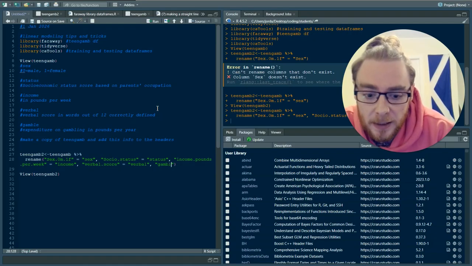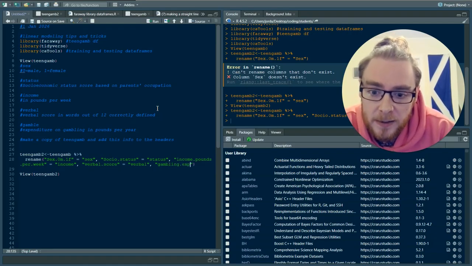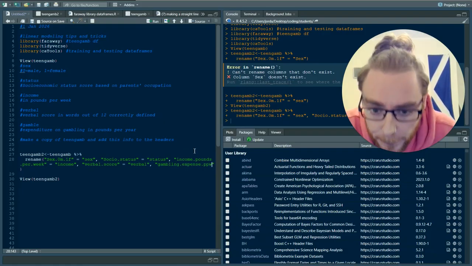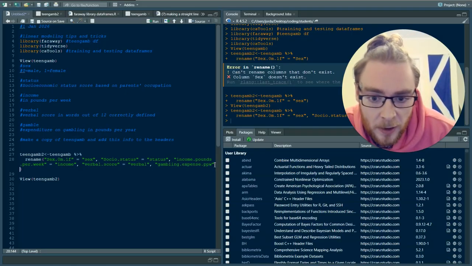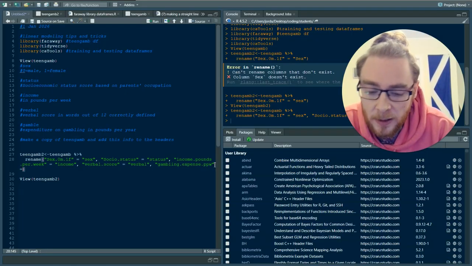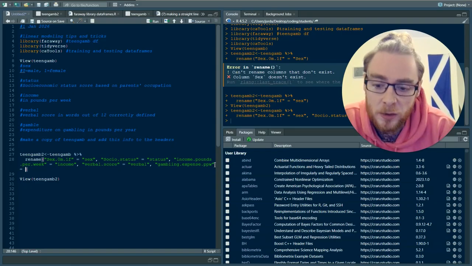And this is gambling expense, let's say PPW, pounds per week. That's the new name of the column. You go to after the closed quotation mark and you put the old name of the column.